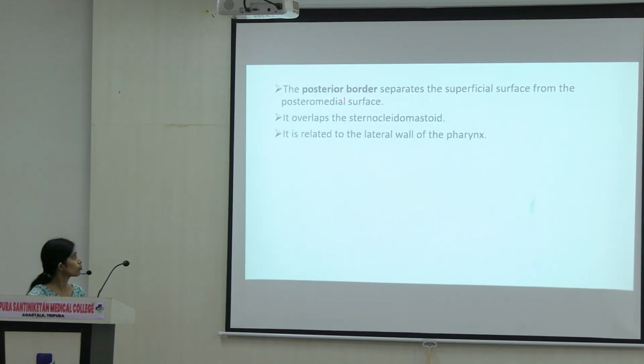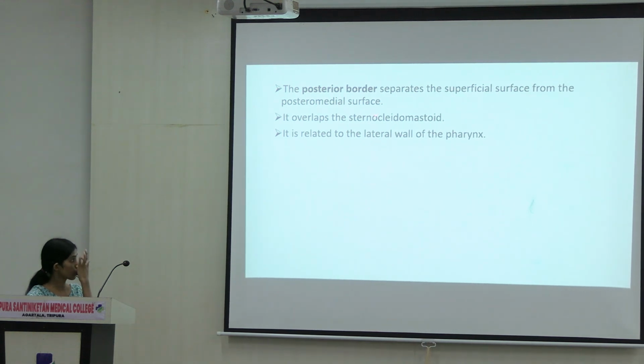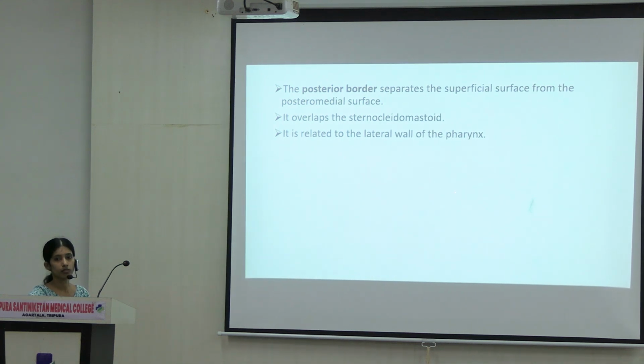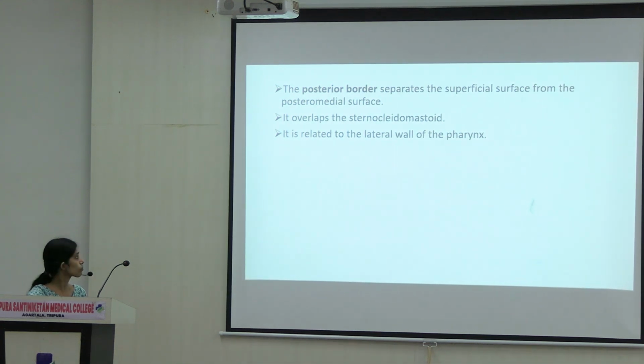The next one is posterior border. It separates the superficial surface from the posteromedial surface. It overlaps your sternocleidomastoid muscle, and it is also related to the lateral wall of the pharynx.